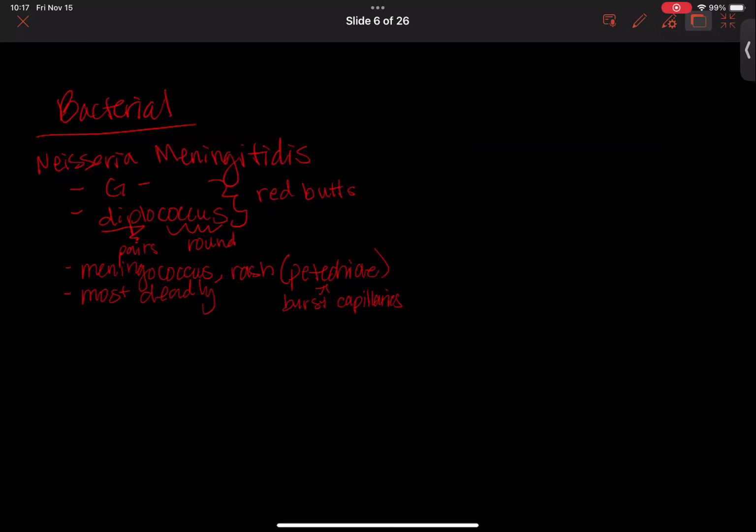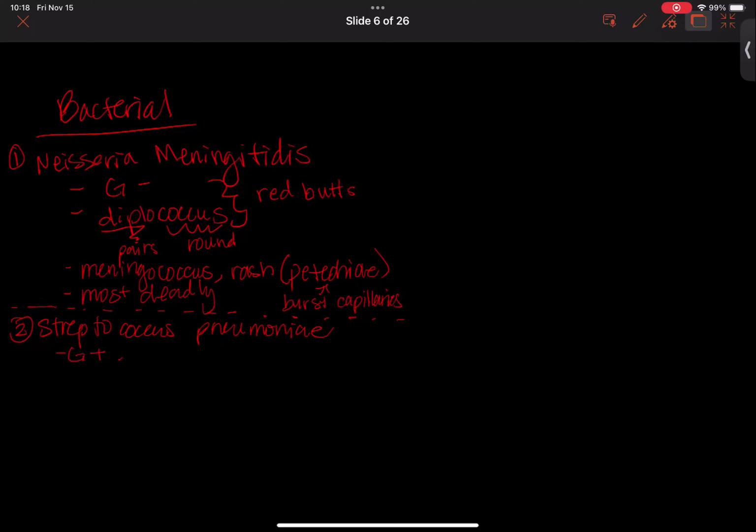All right, so that was our first one we talked about in class. The second one we talked about in class was Streptococcus pneumoniae. And this guy is a gram positive.